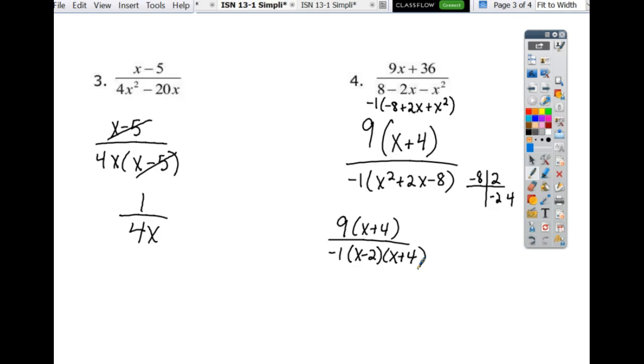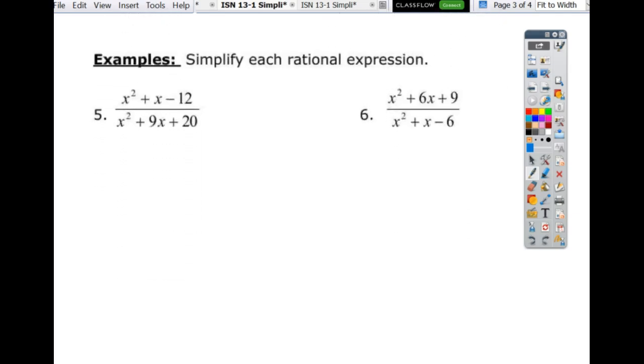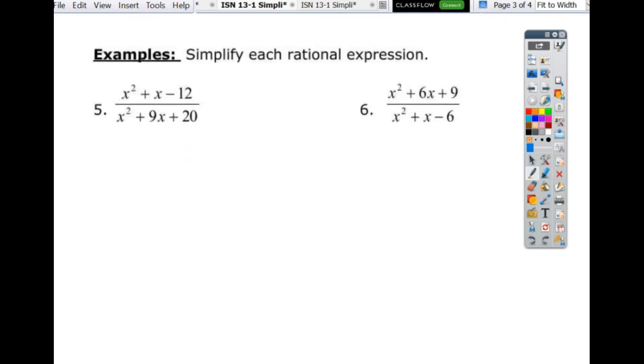So what cancels? And it leaves me, what's 9 divided by negative 1? Negative 9, right? So I'm just going to put negative 9 over x minus 2. All right, so factor the top and then factor the bottom and see if anything cancels.